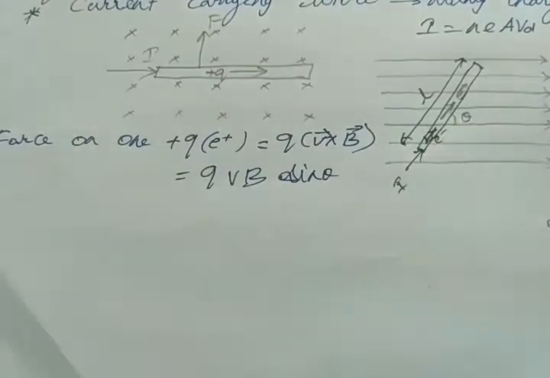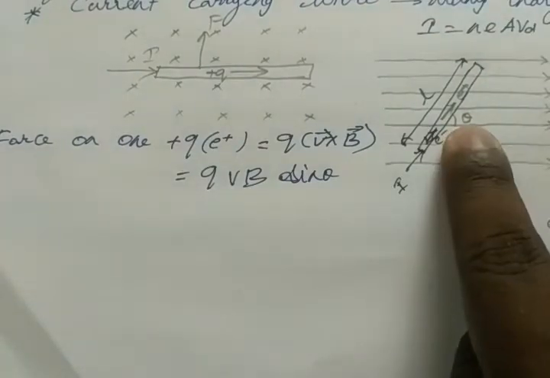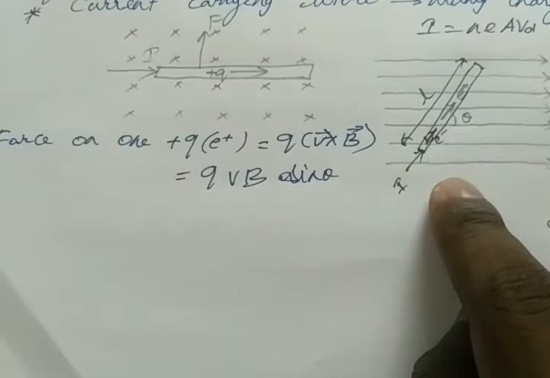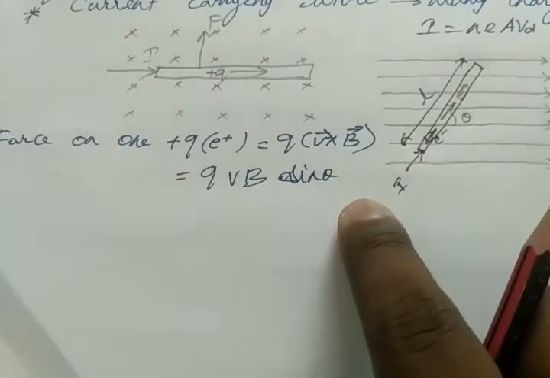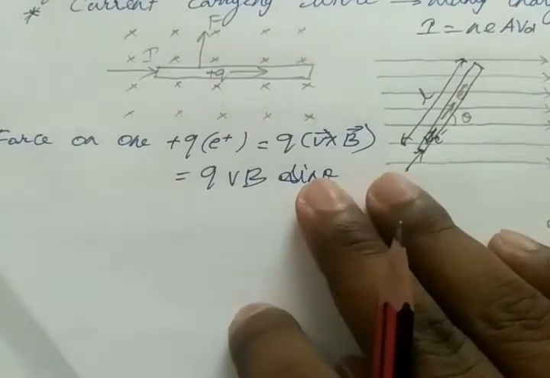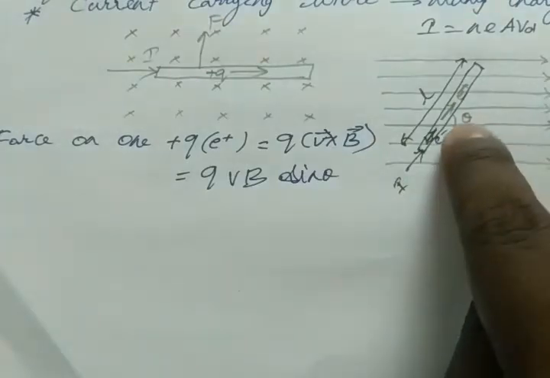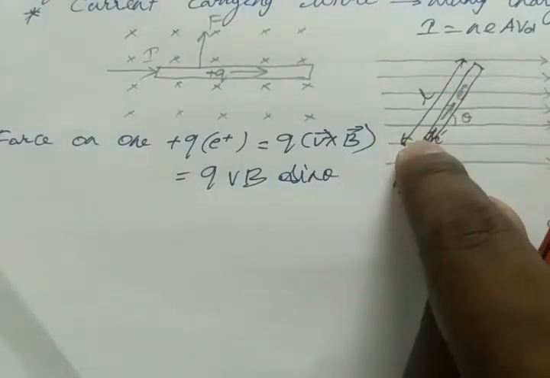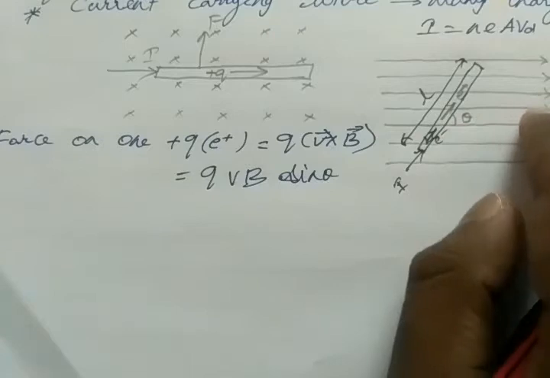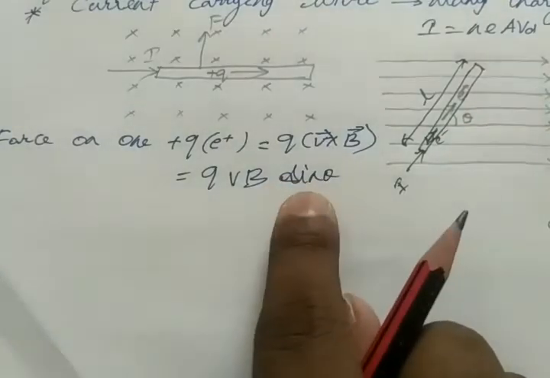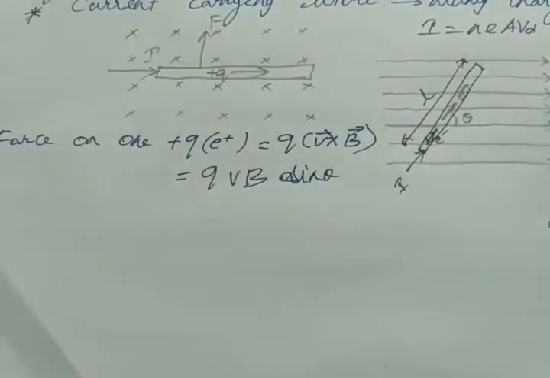For derivation, we take it as theta. If it is 90 degree, while solving a numerical, we put 90, then sin 90 will be equal to 1. If it is 0 degree, then we take 0. For this derivation, we take this current carrying wire inclined at an angle theta with the magnetic field.